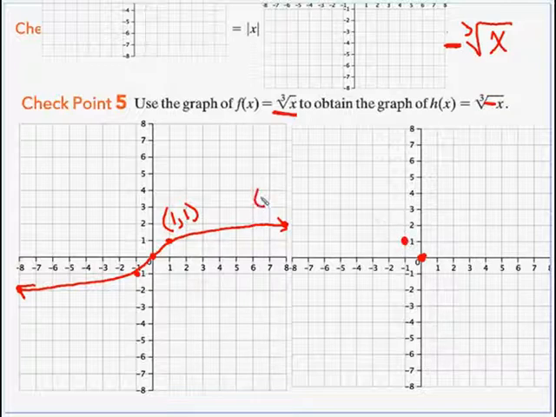This point here was 8, 2. Now it's going to be negative 8, 2. We switch the signs of the x coordinates. In the last one, we switched the signs of the y coordinates. And then our graph will continue here at 1, negative 1, and 8, negative 2. And there's our transformed graph.